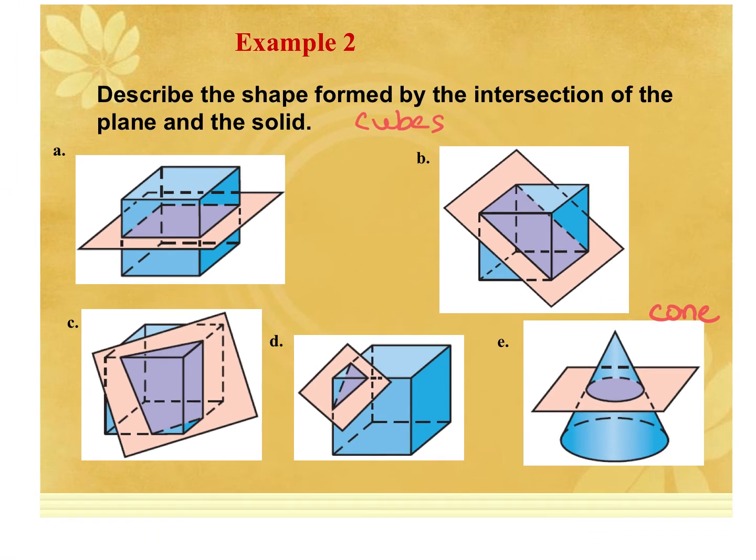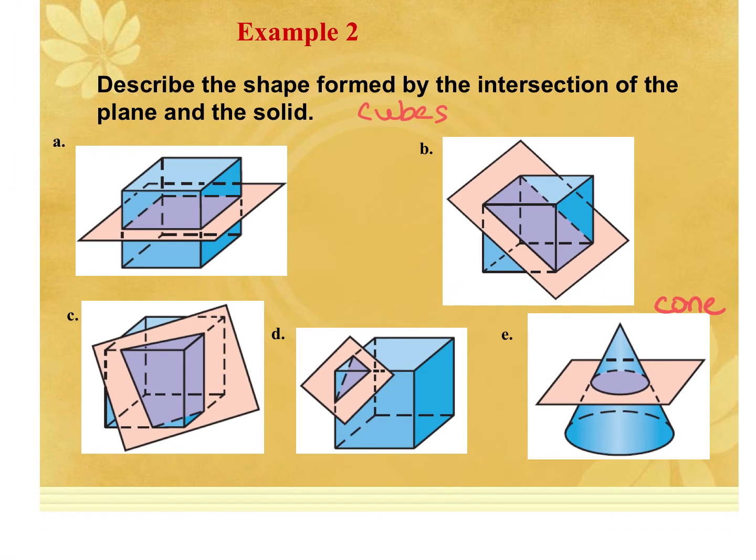Now notice A, B, C, and D, they have all sliced through that cube at different angles. And for each slice, it's a different cross section. So for the first one, since it was a cube, once they slice through it horizontally, my cross section for this one is a square.